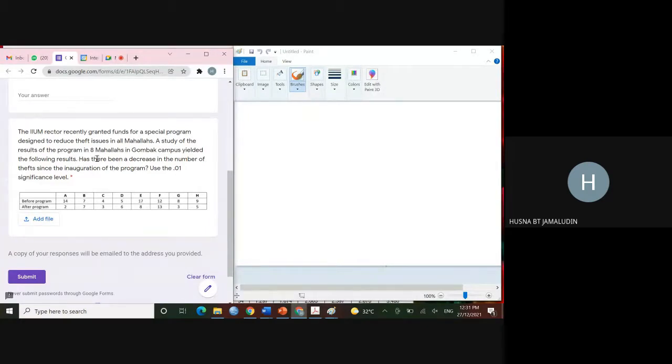Has there been a decrease in the number of thefts since the implementation of the program? You have to use 0.01 significance level. Well, the same thing, right? So you have before and after. We are talking about dependent samples. So you will have all the steps.